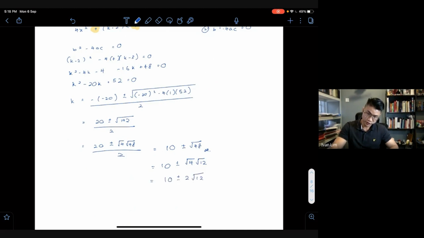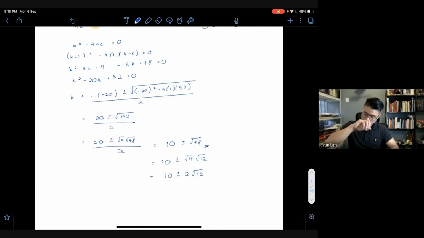Can you simplify it further here? Oh wait, also can. 48 divided by 16, right? Oh, you're right. 4 root 3. Okay, either one of these.